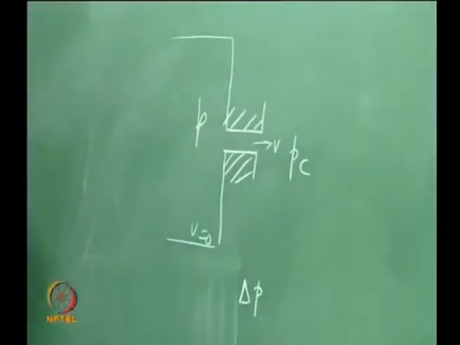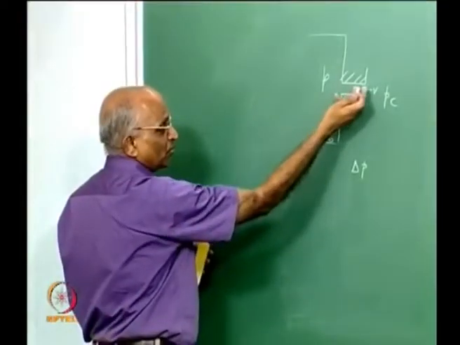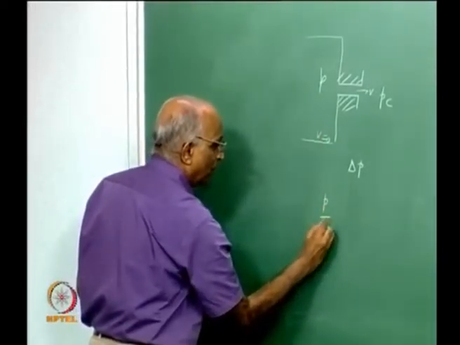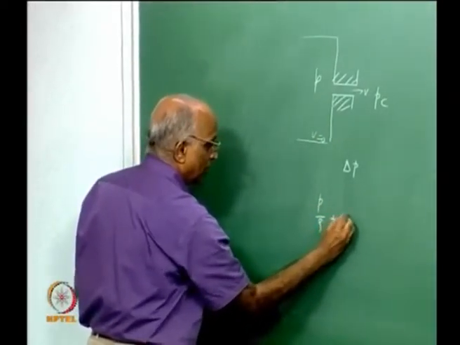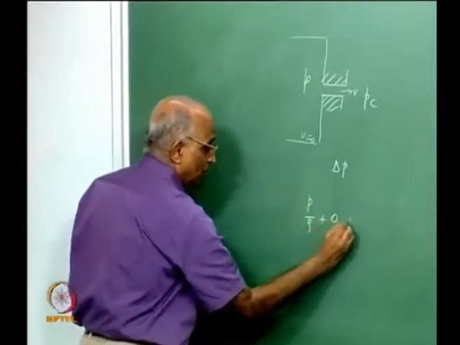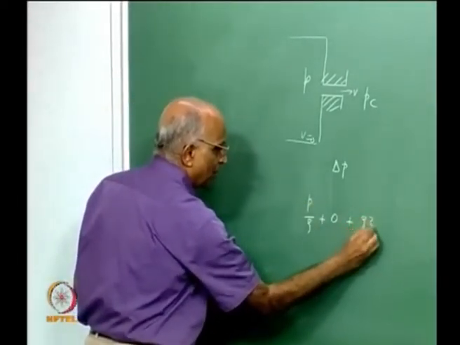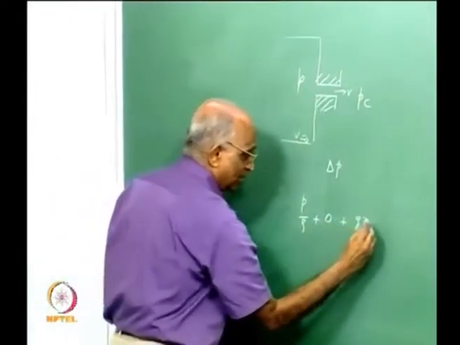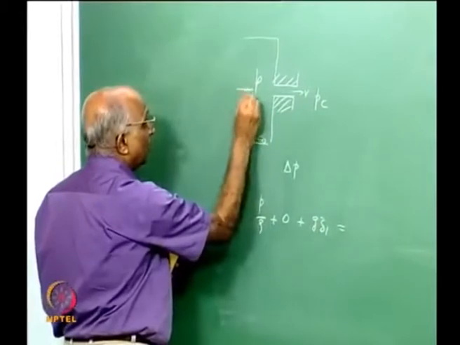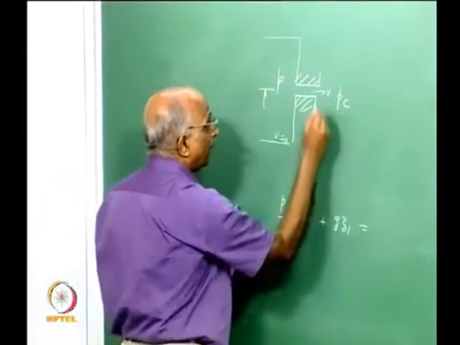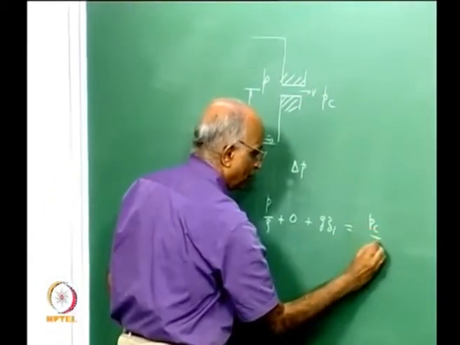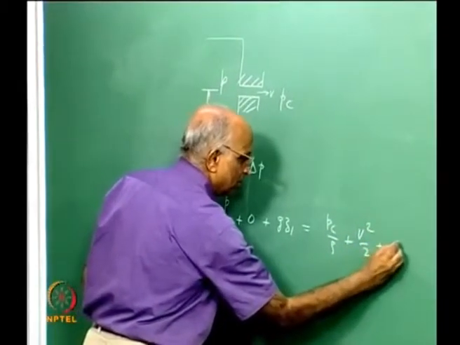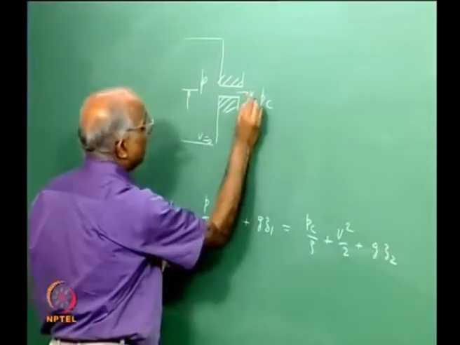I use the Bernoulli equation. The flow is liquid, small values of velocities, therefore it is incompressible. Therefore I have P by rho plus V1 squared by 2, which is 0, then I have g Z1, the potential energy, where Z1 is the mean height. The value here is Pc by rho plus V squared by 2 plus g Z2.